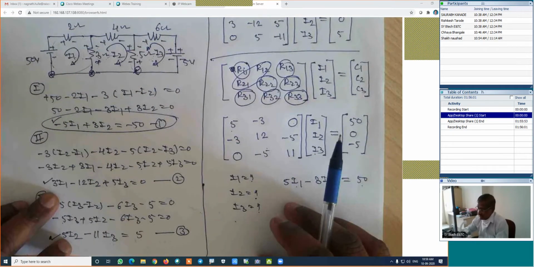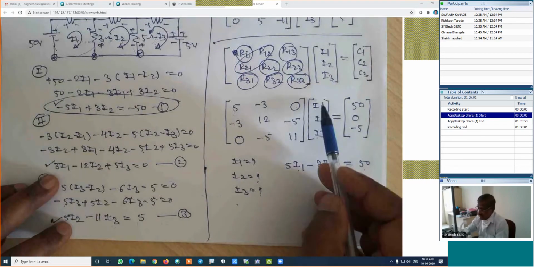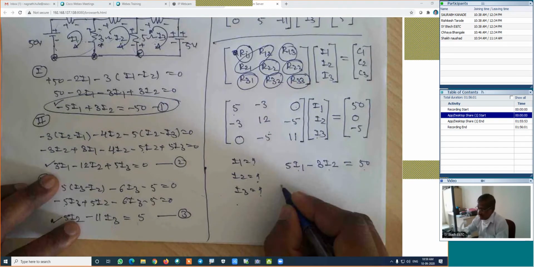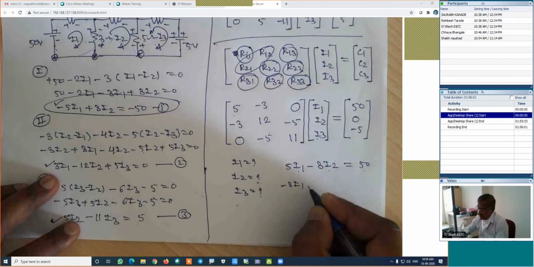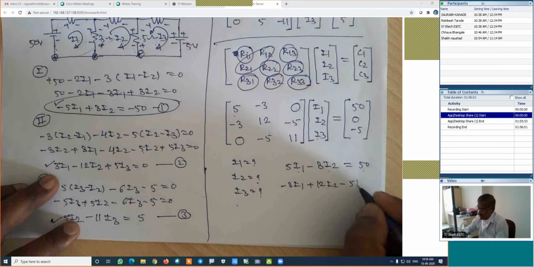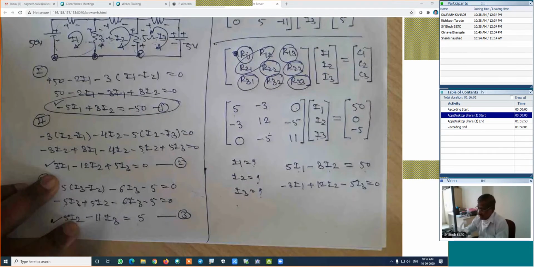At the same time, if we are checking the second equation, this row into this column is equal to this value, means it is minus 3 into i1 plus 12i2 minus 5i3 which is equal to 0. This equation is same as this equation number 2. Look carefully.